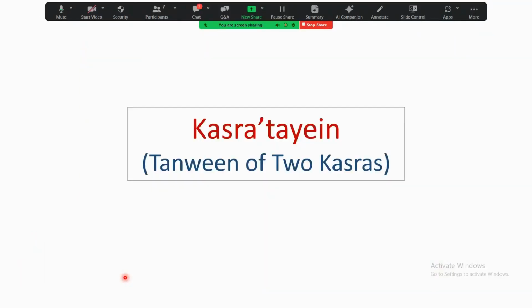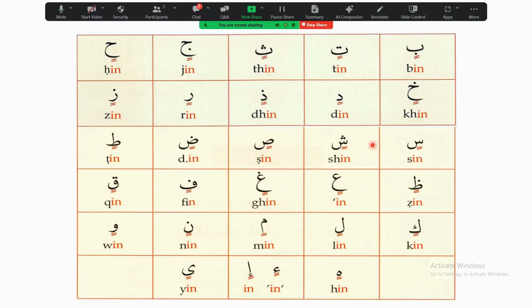So let's move on to the next tanween, which is tanween of kasratain, the tanween of two kasras, the two slanting lines that are placed below the letter and make a sound of in. Okay, so all of these letters, inshallah, are going to be easy because you're already familiar with these shapes. So let's do these quickly.